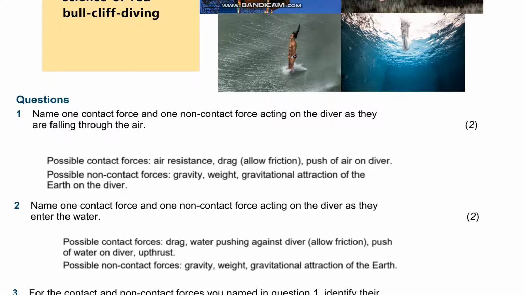Normally we talk about upthrust as the force which is causing things to float in the water, so it gives an object buoyancy. But you could use the word upthrust here because once they enter the water, whether they're moving or not, they will be experiencing upthrust. It's just that that force is going to be a lot less than the force of drag as they enter the water at high speed.